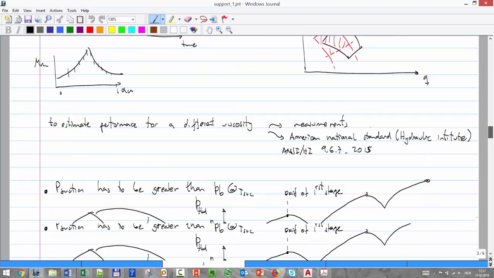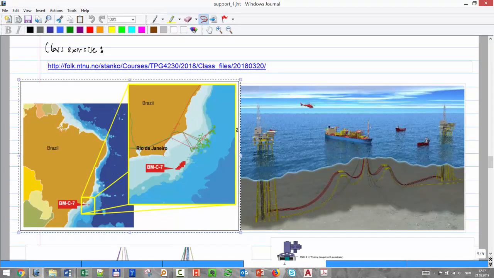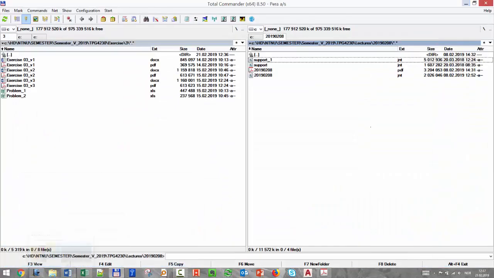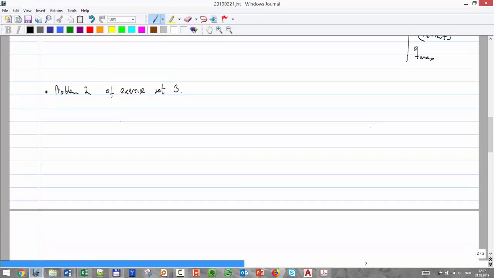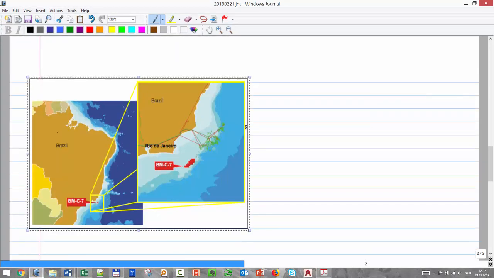Okay, that is offshore Brazil. It's actually very close to Rio de Janeiro, and it's operated by Equinor, by Statoil. So you're going to have to make calculations on that field.